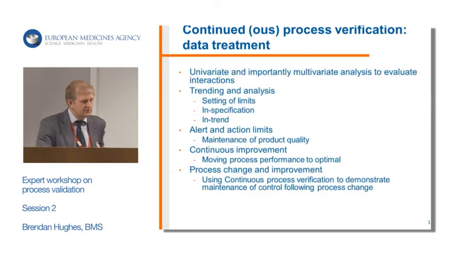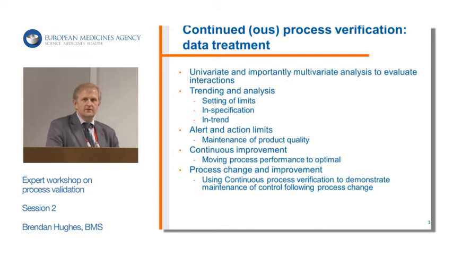The data treatment we need to apply, I don't think there's anything new or special in terms of the tool sets we use, in terms of the analysis that we carry out. I think probably we would need to understand, when it comes to filing, what limits are regulatory limits and what are the kind of limits that allow us to react to, for instance, some of those early indicators of change.